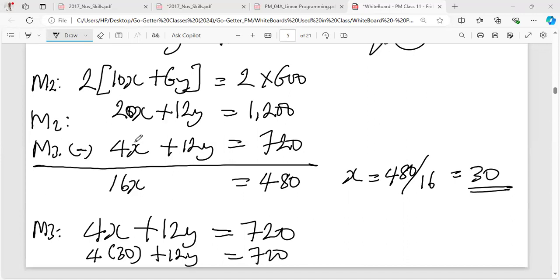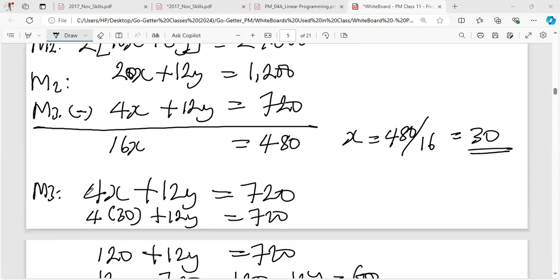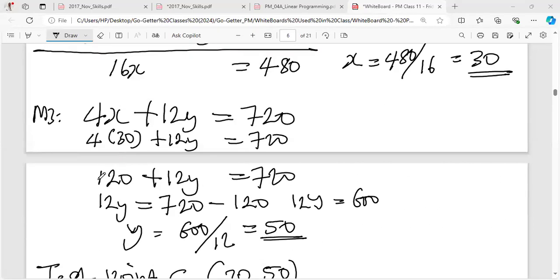We now took M3 and we said this is our M3 as it is. We have found x to be 30. So where we see the x, we put 30 in it. So 4x means 4 times 30. 12y remains the same. 720 is the same. Now 4 times 30 gives us 120. Your 12y remains the same. 720 remains the same.